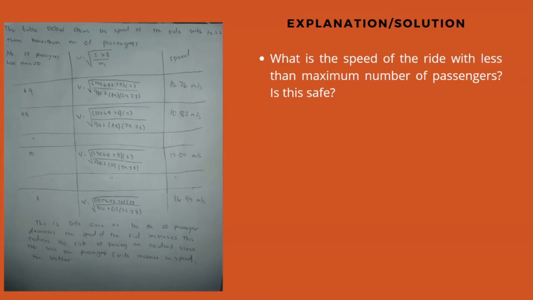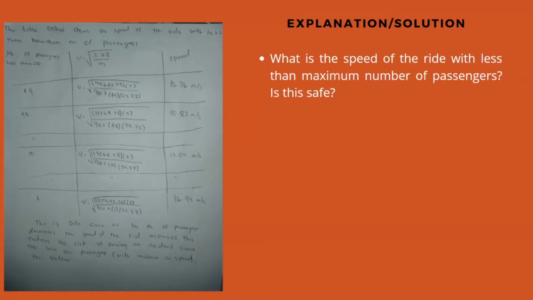When the passengers are 10, V is equal to the square root of 134,642.78 times 2 over 910 plus 10 times 29.28, and the result of the speed will be 15.02 meters per second.